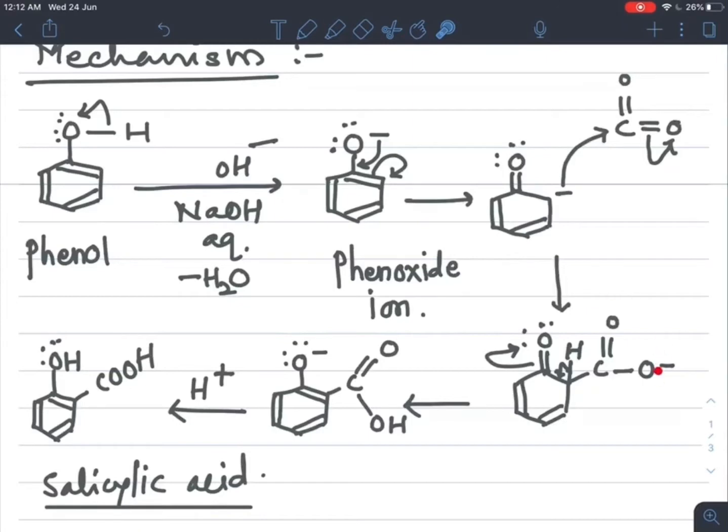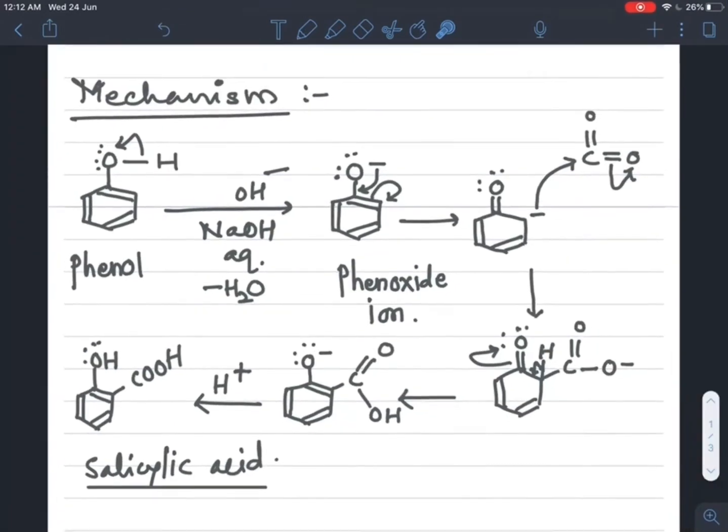So it combines with this oxygen and forms the OH group, and finally acidification of this molecule takes place. So H plus combines with this O minus. By taking this electron pair, it forms the bond and OH is formed. So finally salicylic acid is formed, and this is the reaction, that is, the Kolbe reaction.